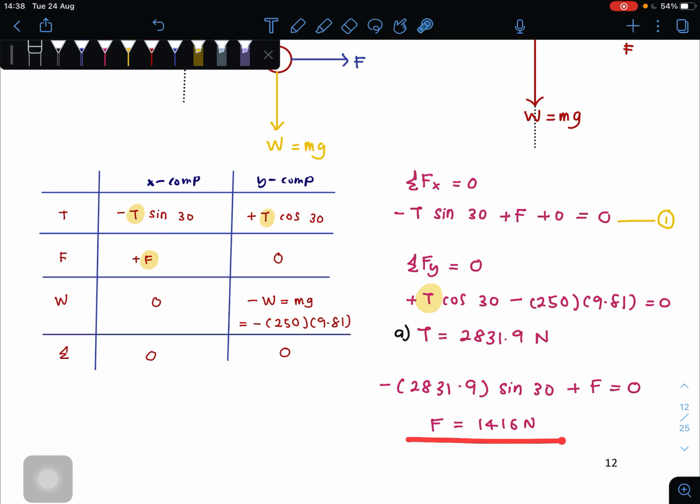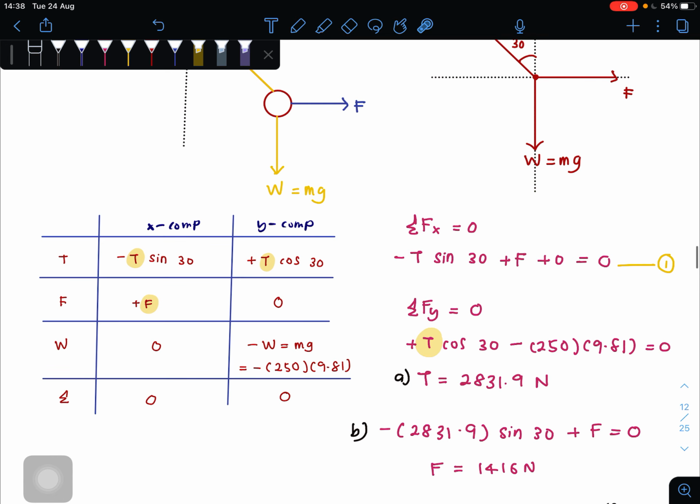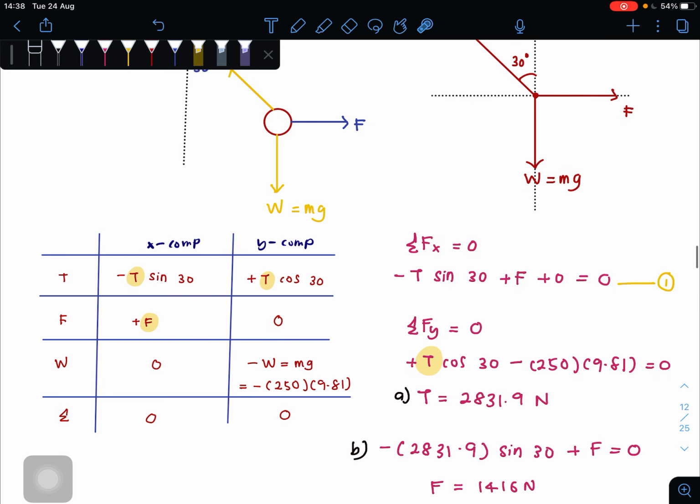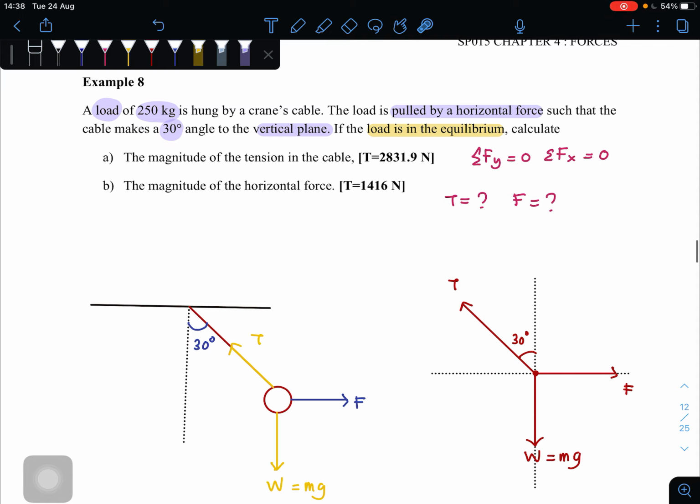Okay, you should be able to get F positive, because in our table we already know F must be positive because it is going to the right. Okay, so since it asks for magnitude only, you don't need to calculate the direction, because technically we already know the direction here, which for T is 30 degrees, for F it's going to the right. Okay, so that's all for example 8.